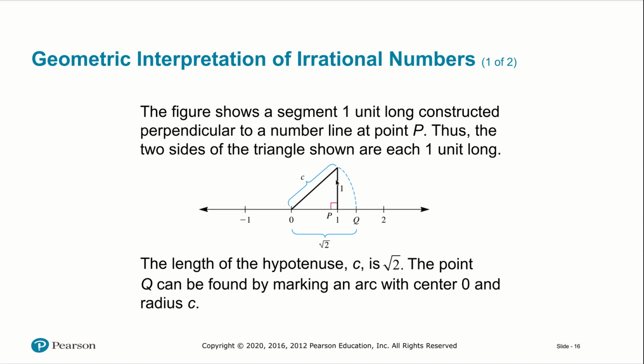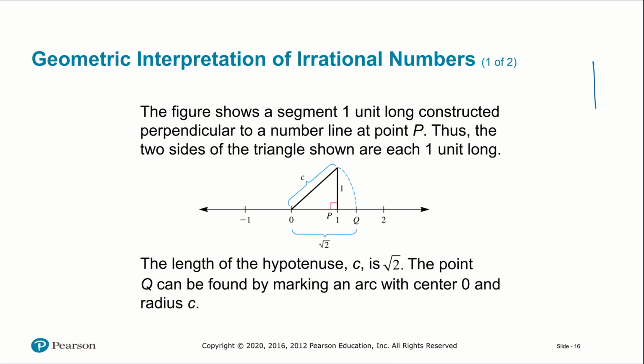One nice graphic description of where square root of 2 popped up, first of all, in geometry with the Greeks was this triangle right here. Notice that this triangle is a right triangle, and it has 2 legs, each of which are length 1.